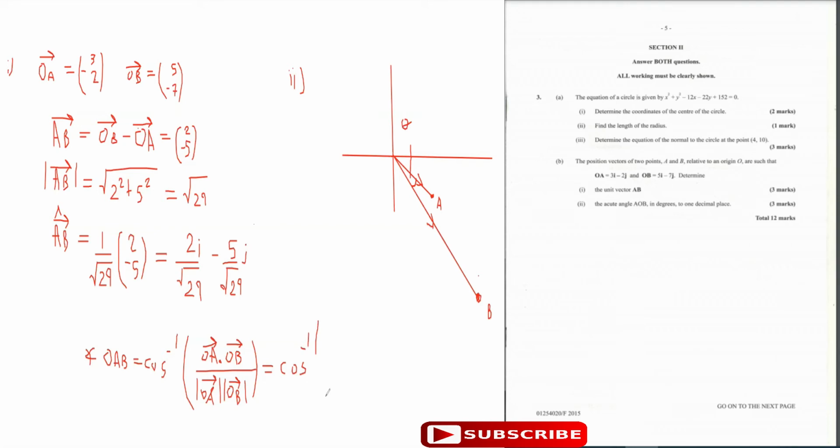OA dot OB is going to be the dot product between these two vectors.